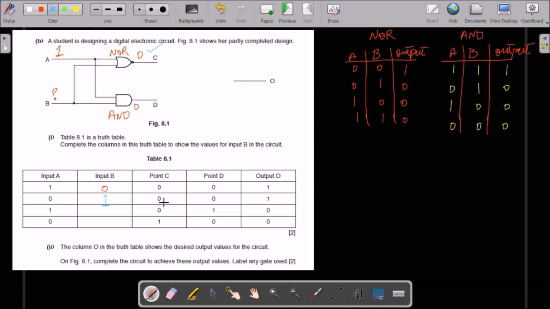So look at this, answer is 0. Now for output D, 0 and 1 for AND gate, look at truth table of AND gate, 0 and 1, the result is 0. So this is 0. That's why 1 is right. You can do it by chance, write 0. If it doesn't work, then change it to 1.